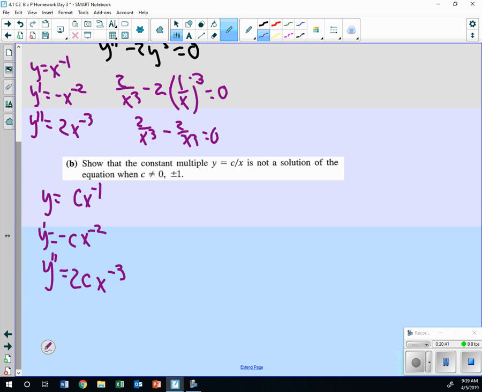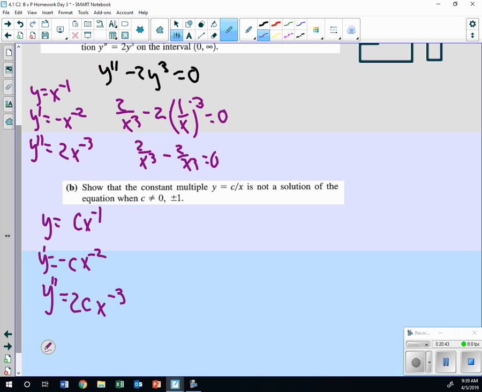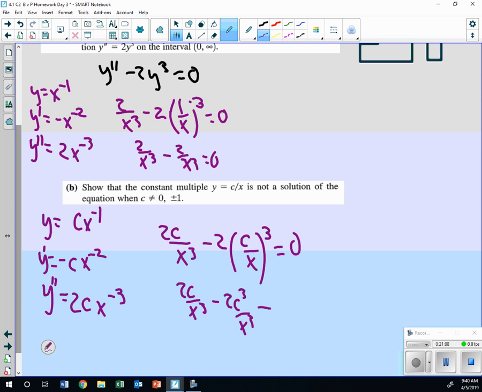And when we put these in, the second derivative, 2c over x cubed minus 2 times c over x quantity cubed. Well, this looks fine to me. Is it right though? Does it work? Why not? The c gets cubed, so you're going to get 2c over x cubed minus 2c cubed over x cubed. That will not be equal to 0.